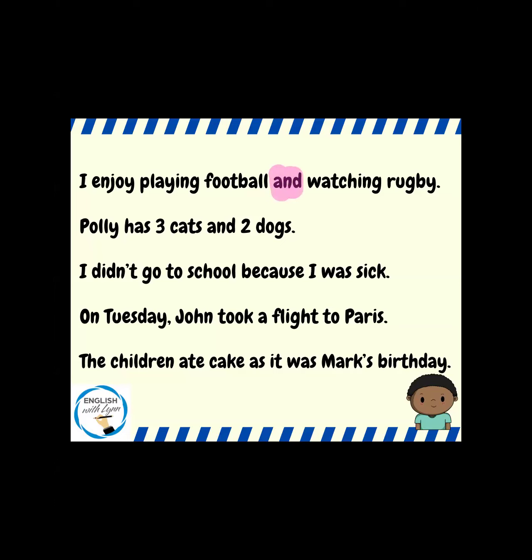Okay, now here I've spotted a subject, I spotted a verb, playing, but my problem is in this part of my sentence here, watching rugby, I've not got a subject.